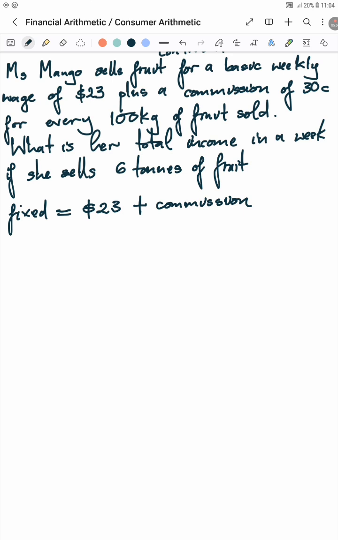So we're just going to calculate the commission here. So here we've been told per 100 kgs she gets 30 cents, and if she sells 6 tons, then obviously she's going to get more.